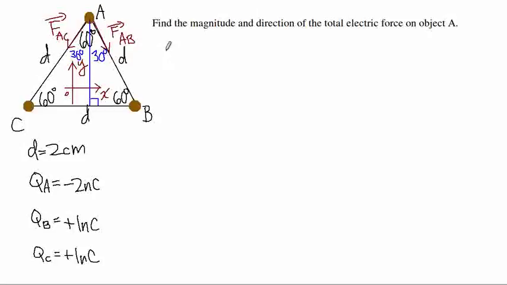All right, so F sub AB, let's determine that one. So let's first find the magnitude of the vector. So K times the absolute value of Q sub A times Q sub B divided by d squared.